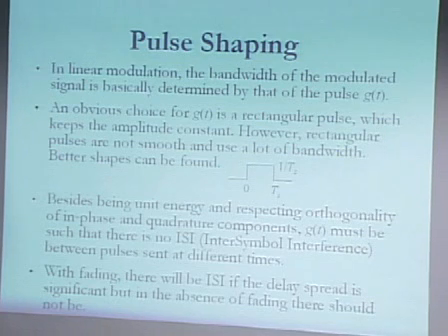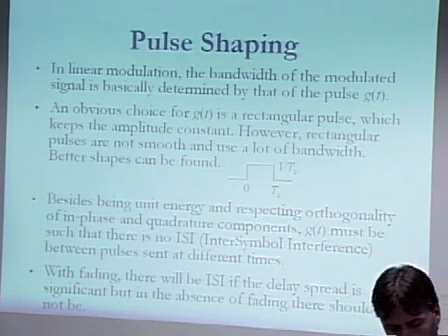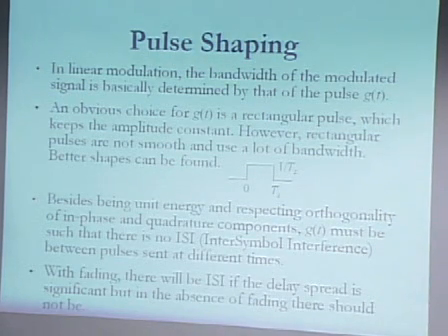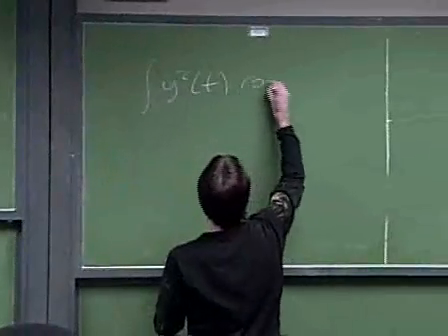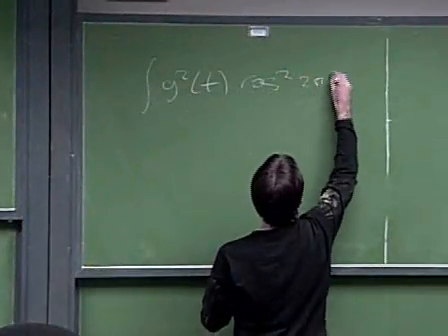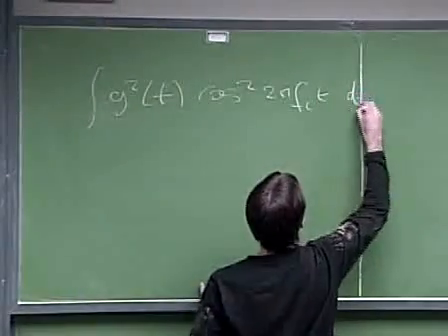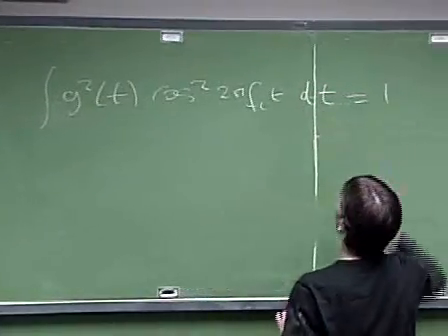Now, we have to respect some properties. Remember that g has to be unit energy and has to respect the orthogonality between the in-phase and quadrature. Remember that we had these conditions, right? We had that g squared of t integrated times cosine squared 2 pi f_c t has to be equal to 1.